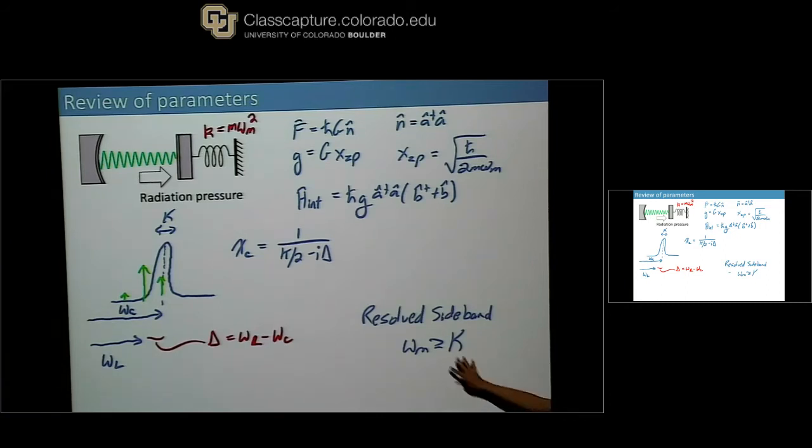And there's various factors of 2 in here, but this resolved sideband limit was, for example, how well we were able to cool in the end when we were talking about the cooling. And so these same parameters will come in today. So maybe just a little bit more about numbers here.